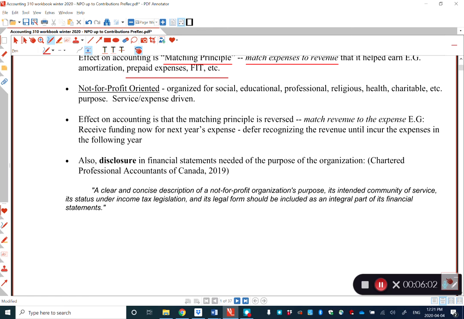So not-for-profit oriented enterprises don't exist to make profits, right? They exist for social, educational, professional, religious, health, charitable purposes outside of strictly making money.